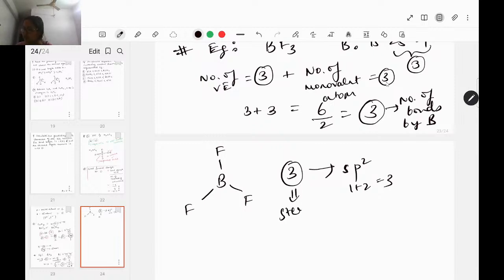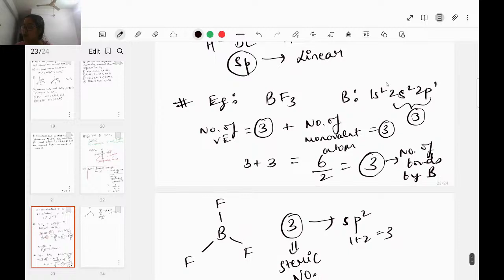If the steric number is 3, then it is sp2, meaning 1s and 2p. So after finding out the steric number, you will be able to determine the hybridization of the given molecule. And how will you determine the steric number? By adding the number of valence electrons plus the number of monovalent atoms, divided by 2.